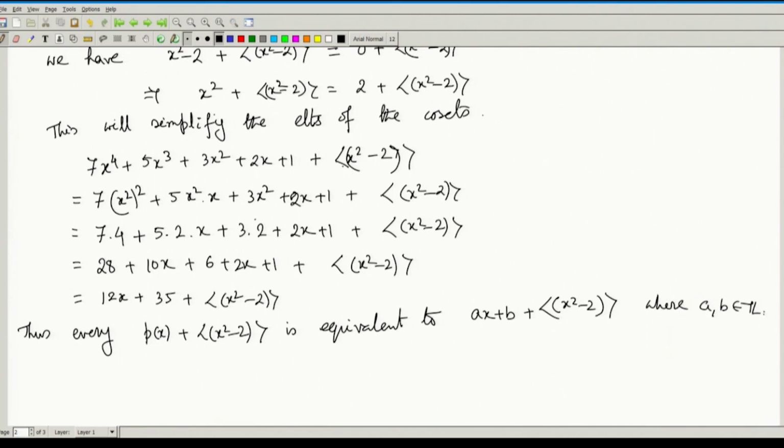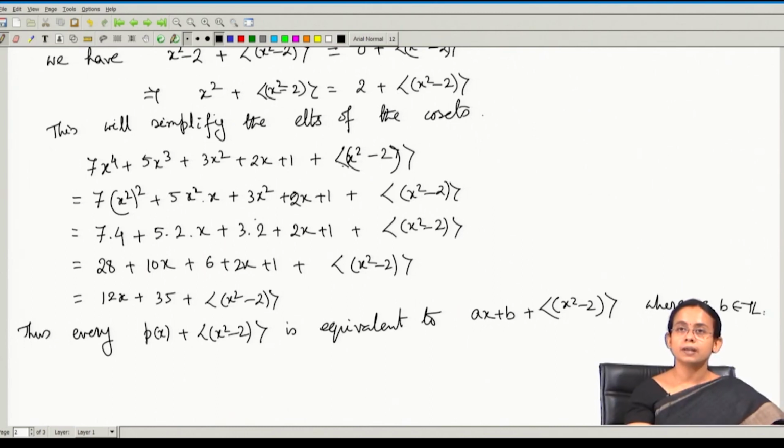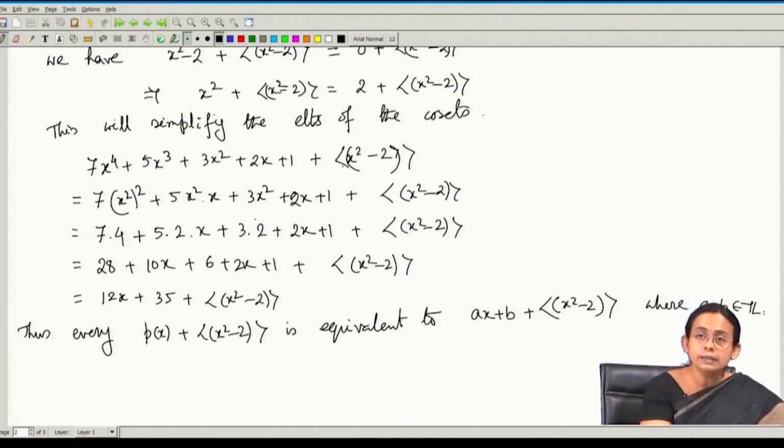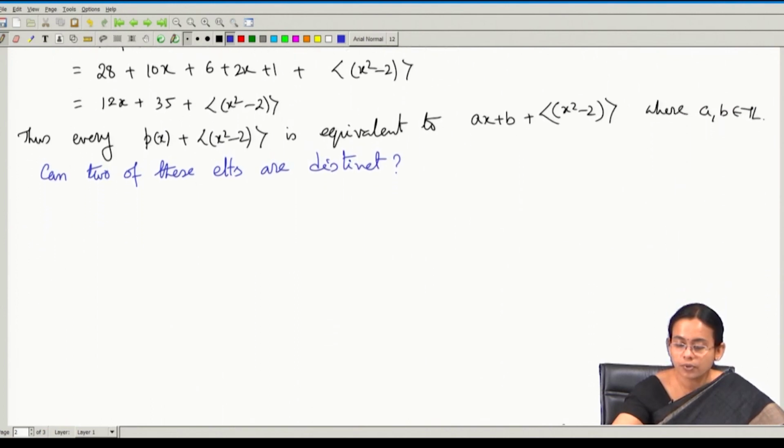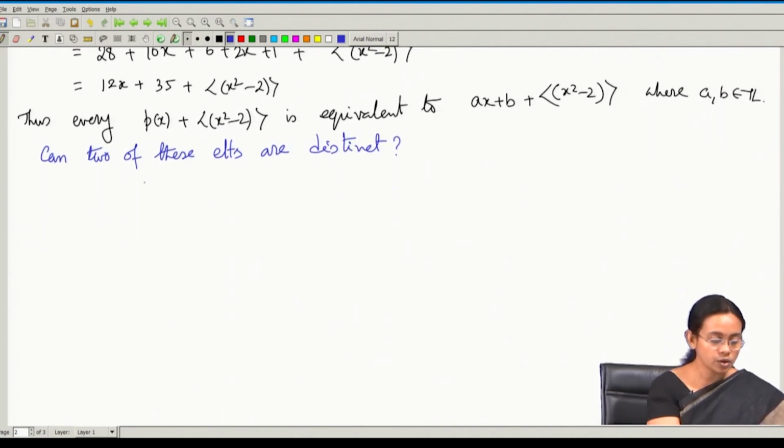Now, you can ask whether the elements of this form a x plus b are all distinct or not. Suppose that they are not distinct. What kind of implication does it give? So, the question is, can two of these elements be the same?